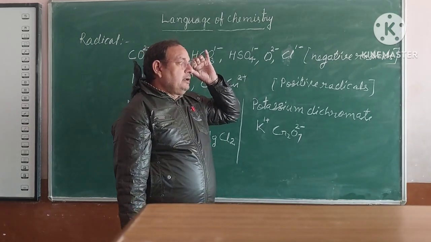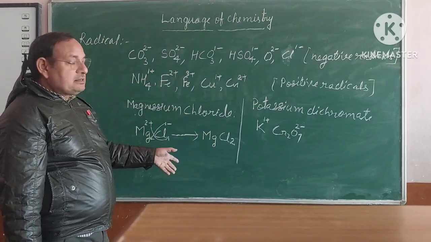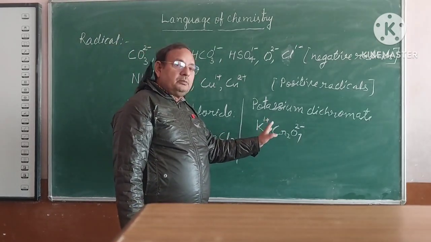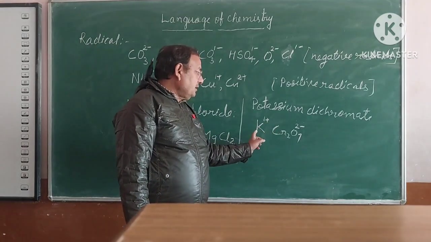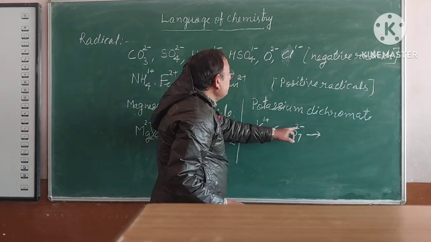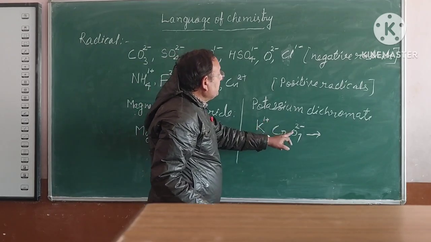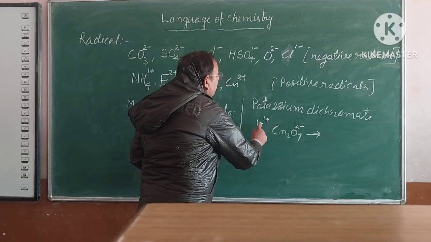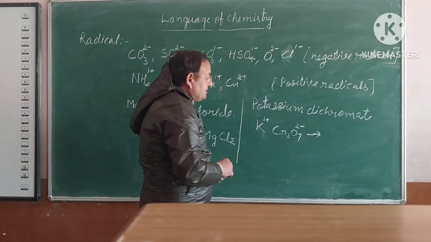As I have done in previous examples, likewise by adopting the crisscross method, you can also write the formula of potassium dichromate. Here this 2 will come to the downside of the potassium atom, and this 1 will come to the downside of the dichromate radical, in small case.